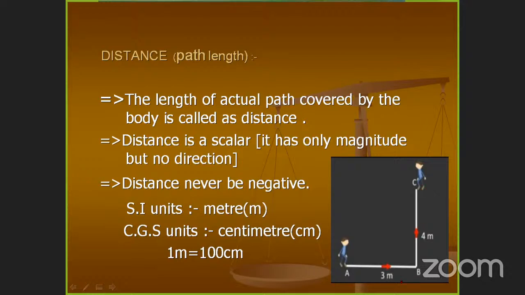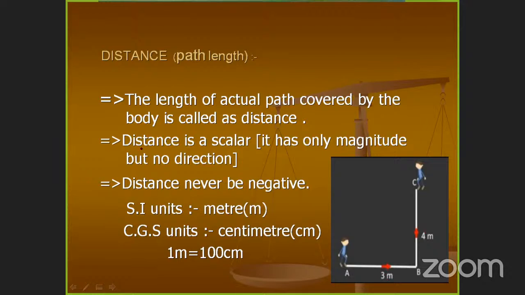The total length of the path of the boy we call distance. Here the path from A to B is 3 meters and B to C is 4 meters. The distance covered by the boy is 3 plus 4, 7 meters.